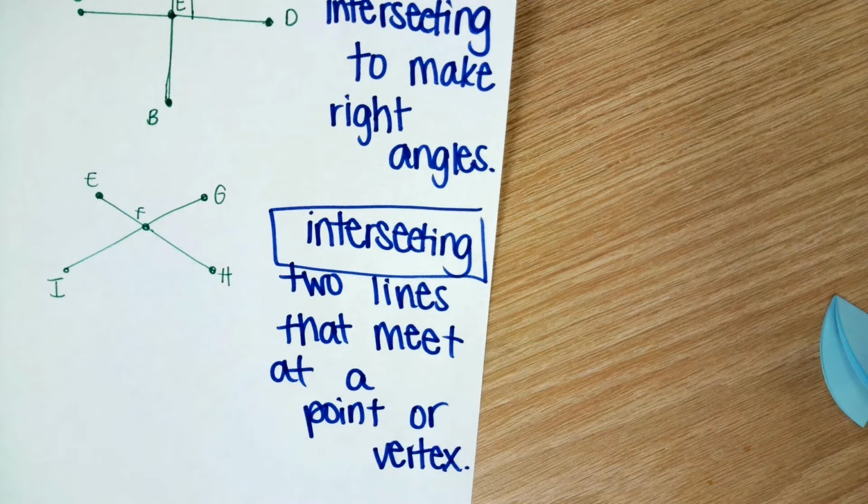So, can you think of any situations or things around the space that you are currently in that represent lines that are perpendicular or lines that intersect?